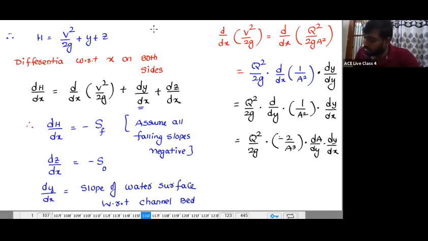So if you take this as a channel, and if you take a small element at the top, whatever the top width T, and this element is going to be dy, then the elemental area dA is nothing but T into dy, and I can write T as dA by dy.